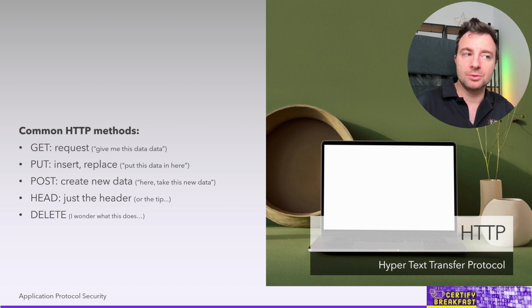We also have POST, which is often used whenever you're sending data to the web application, whenever you're sending an email, when you're attaching a file, when you're uploading a profile picture. That's when a POST request is being generated. And that's a way to announce to the server, here, take this type of data from me and make sure you know what to do with it.